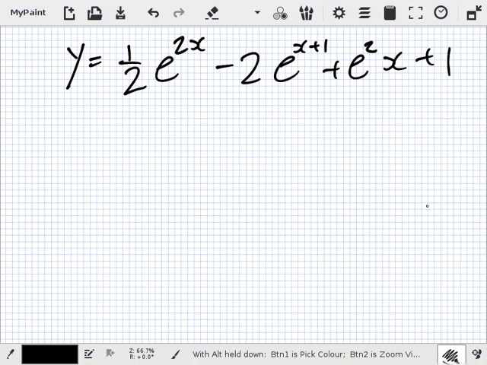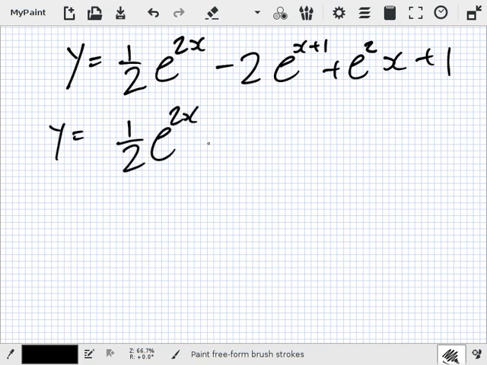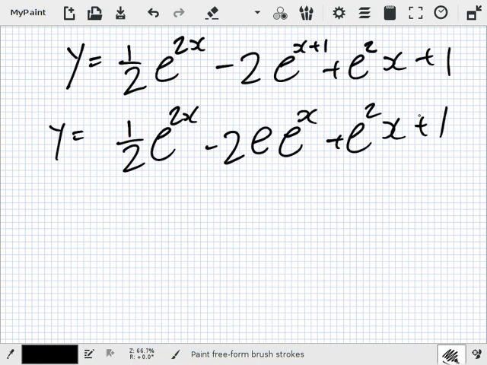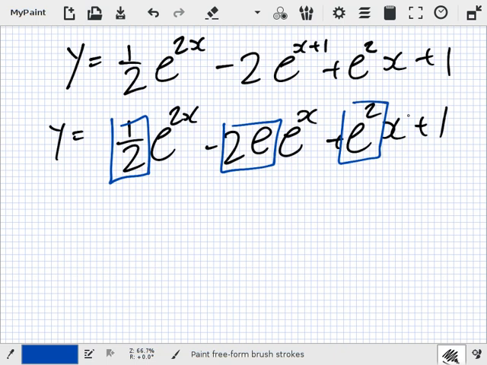Right. Shall we look at the answer now? Before I do that, maybe I'll just clean this up a little bit. So I'll change this into half e^(2x) minus 2e^x plus e^2 x plus 1. This is a constant, this is a constant, this is a constant, and this is a constant.